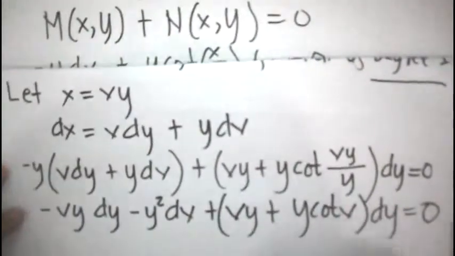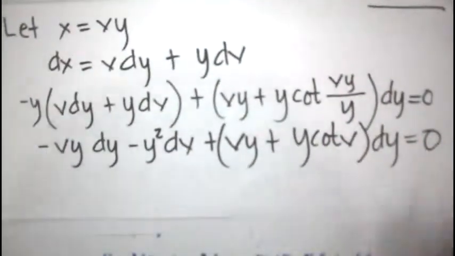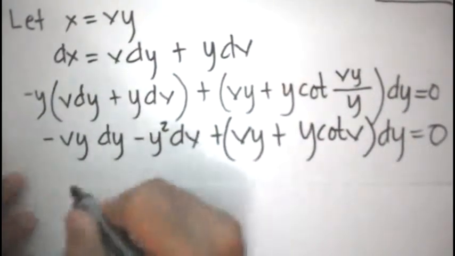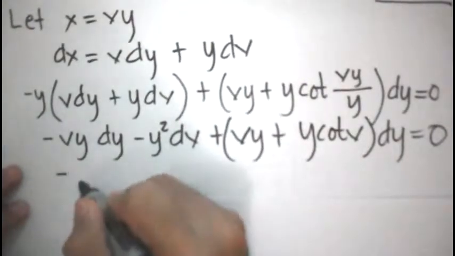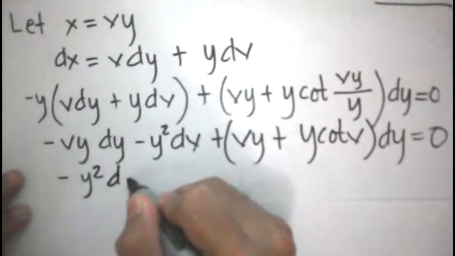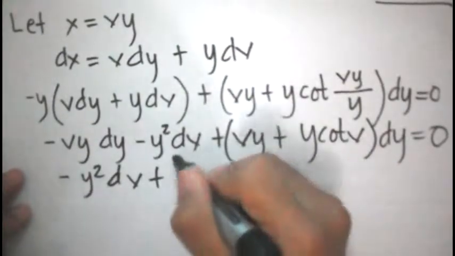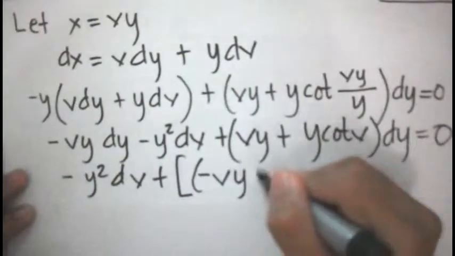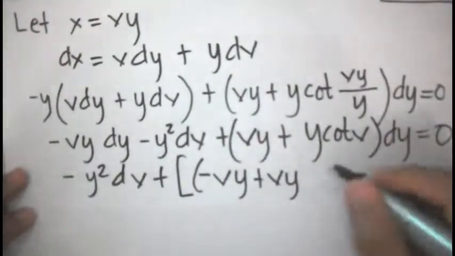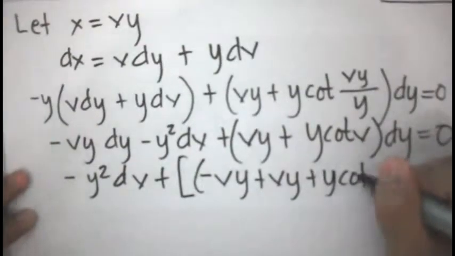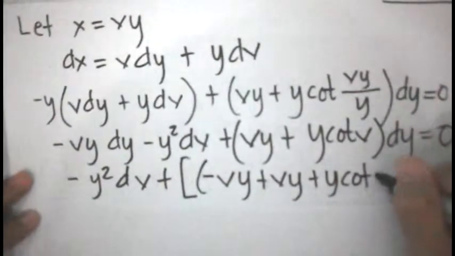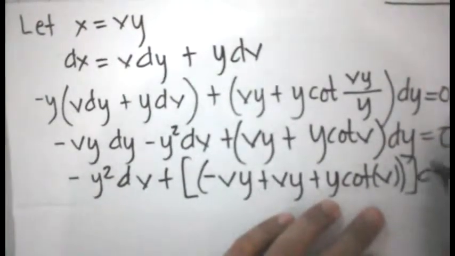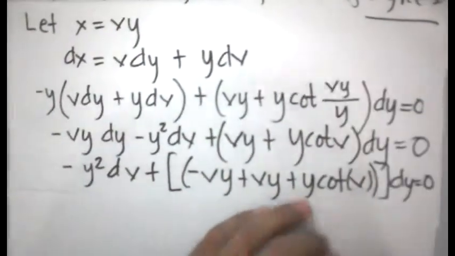So as you can see here, we combine. We get negative y squared dv plus (negative vy plus vy plus y cot v) dy equals 0.